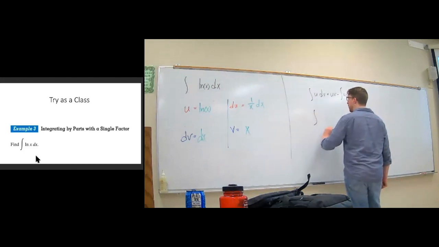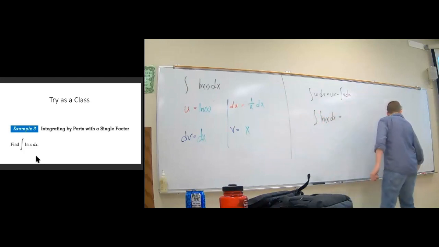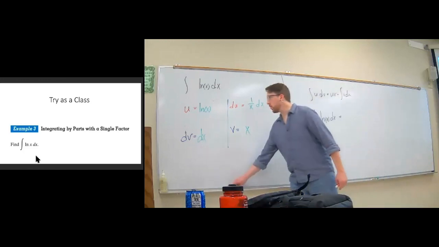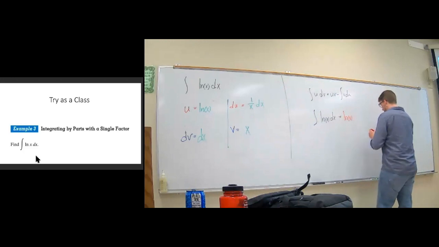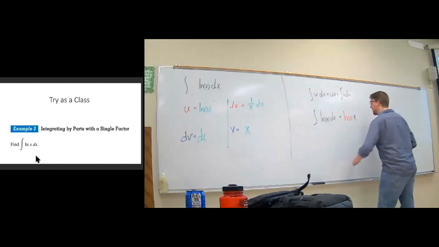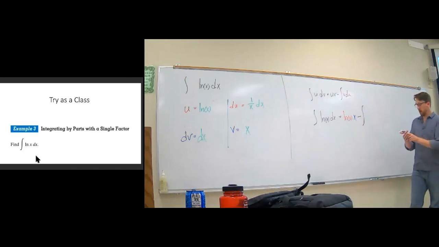We've got the integral of the ln of x dx. This is equal to, well, u, we said is the ln of x. v, we found to be x. Minus the integral of, well, again, v is x, and du here is 1 over x dx.